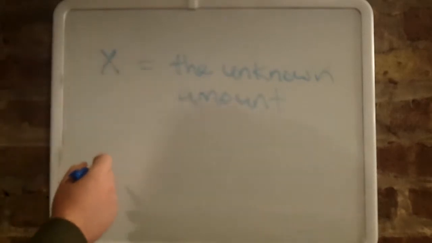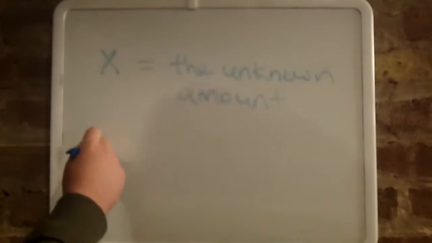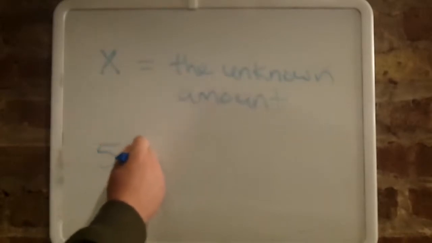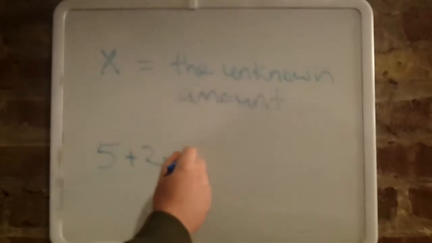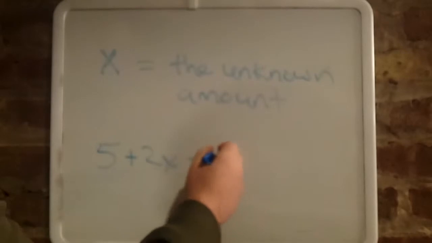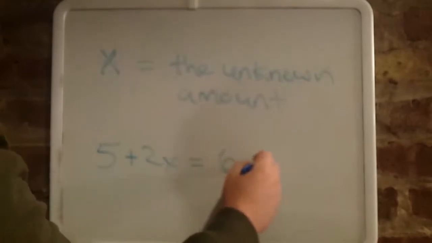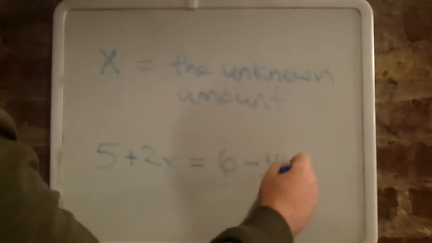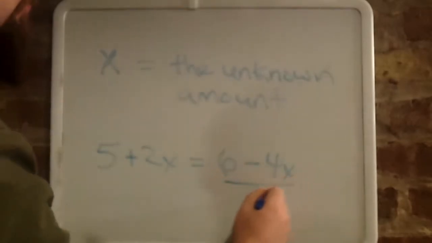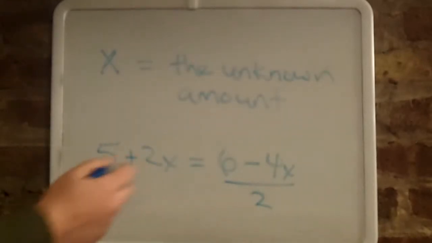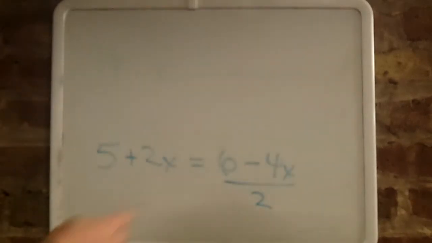So if I have an equation like this, this is our equation. Our goal is to get x by itself over here on the left.